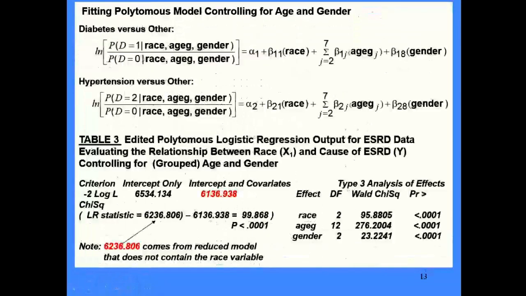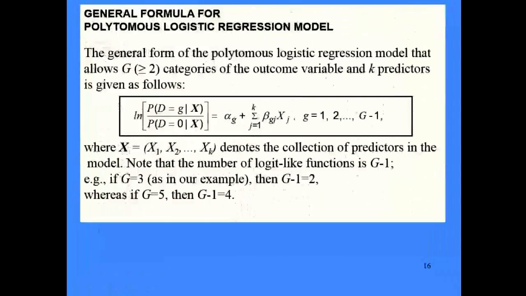If G is 3, this form is going to have two components to it. One will be for G equal to 1 versus 0, and the other will be for G equal to 2 versus 0, because G is 3, 3 minus 1 is 2. You don't go higher than 2. Okay? So that's the general form of the model.